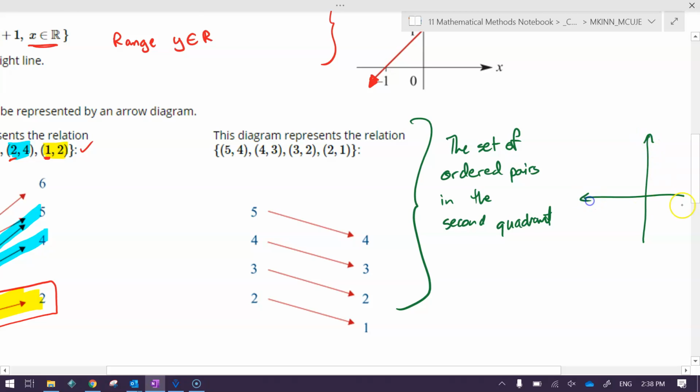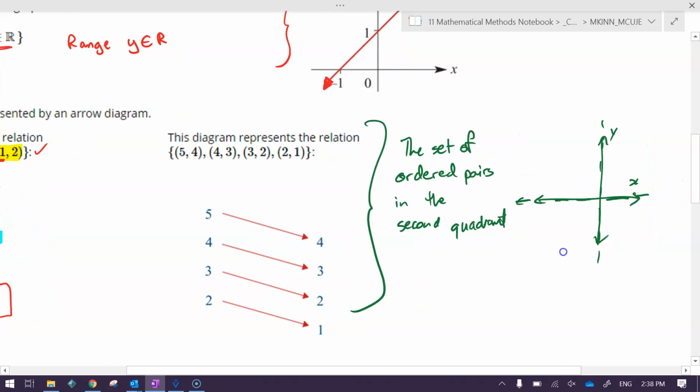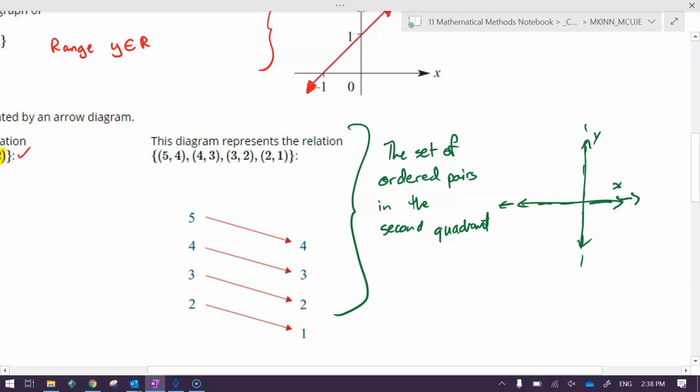What's that going to look like? Need to have dashed lines because it's not allowed to equal those values on the axes. Quadrant 2 is over here. I would just shade in that entire area, wouldn't I? And any point that is in that quadrant would satisfy that relation. It's still a relation.